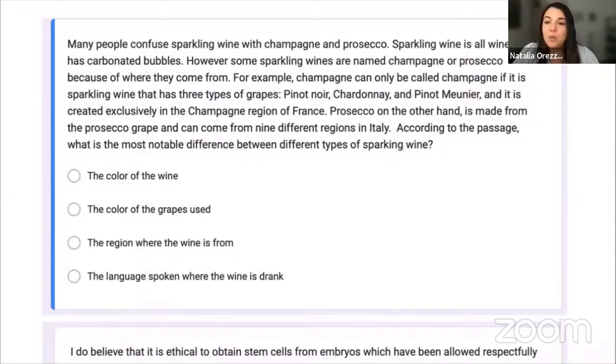Either one works. There is actually no correct answer for which one is best. The truth of the matter is it really just depends on what works for you. So this is a good thing to experiment with and ask, do I do better when I read the question first? Do I do better when I read the paragraph first?